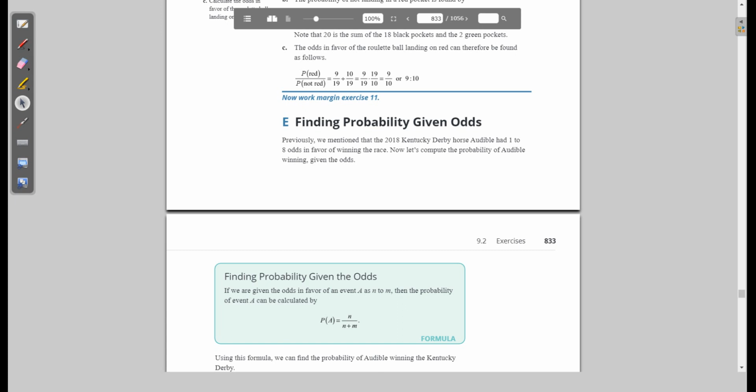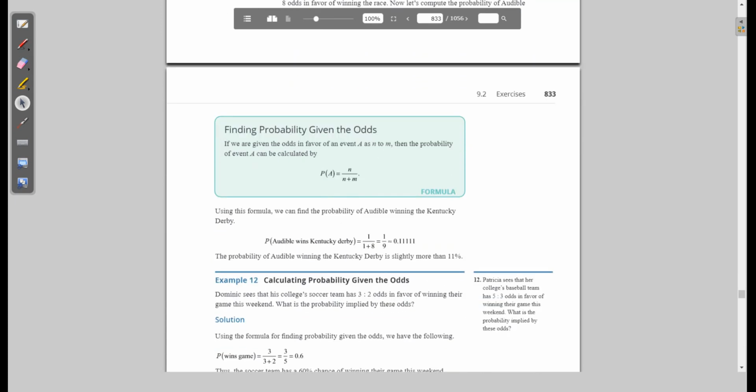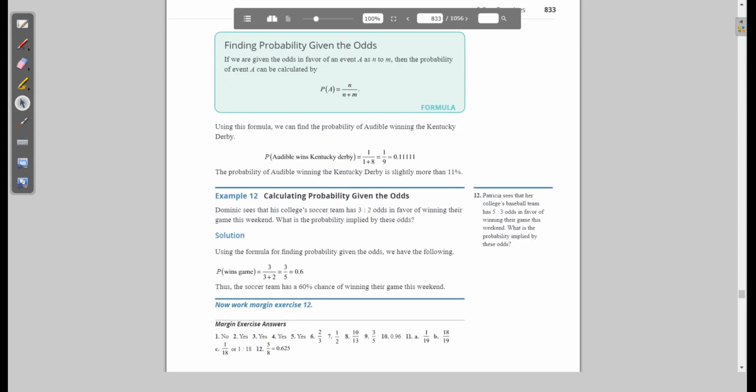Alrighty, and then I think the last one, finding probability given the odds. They were talking about a Kentucky Derby winner earlier, so we're not going to touch on that because we're just kind of lost now, aren't we? Instead, we're just going to put this probability up here, and then we're going to follow along with the example.